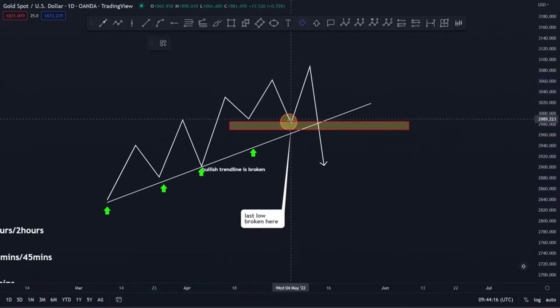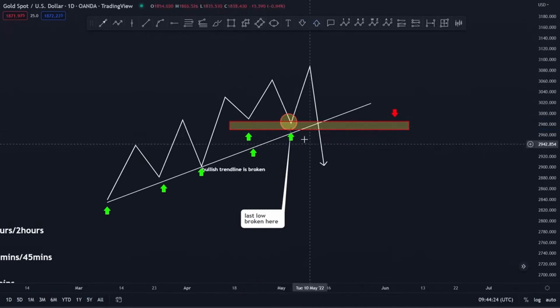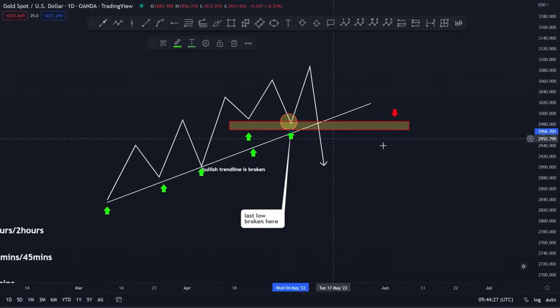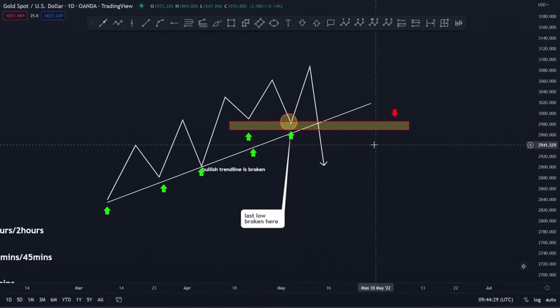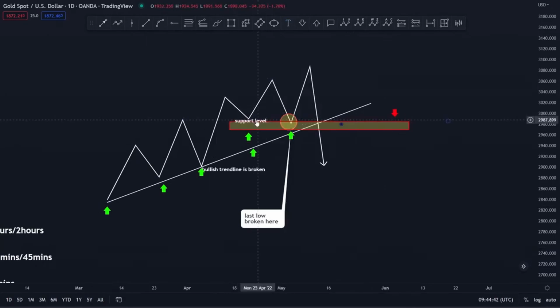Then we can put the levels here, and here. You can also name your chart so that everything stays clean, but I'll try to show you some examples as we move on with this video. Here we have our support level here. We have our support in this area, and then we have our resistance level here.